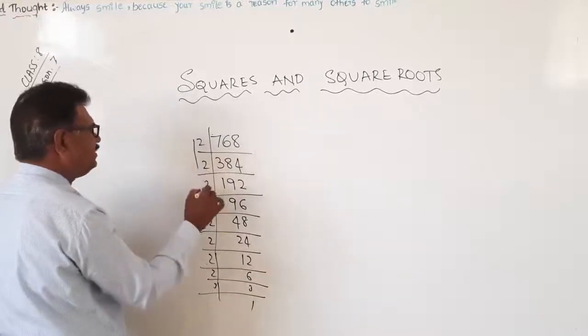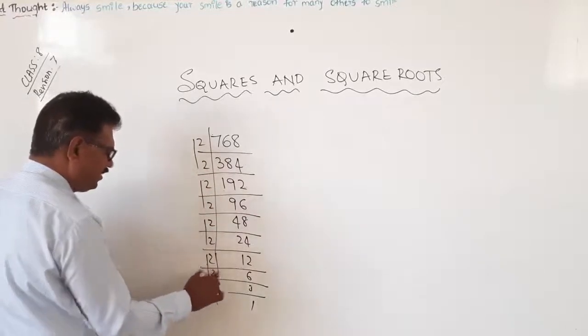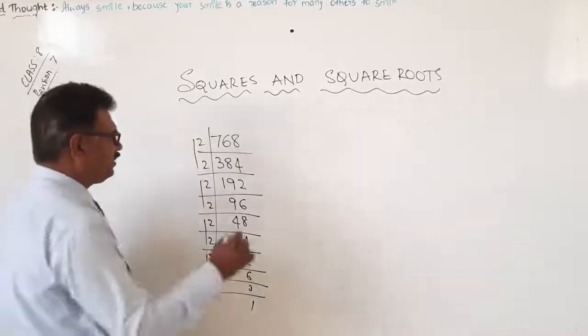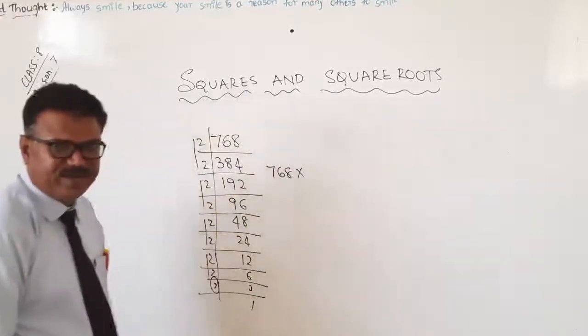So for this pair is there, for this pair is there, for this pair is there, for this pair is there. For this there is no pair. That means 768 doesn't have a pair.